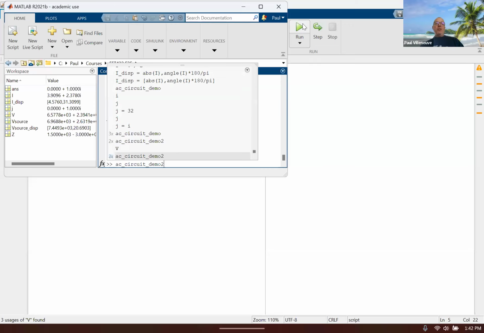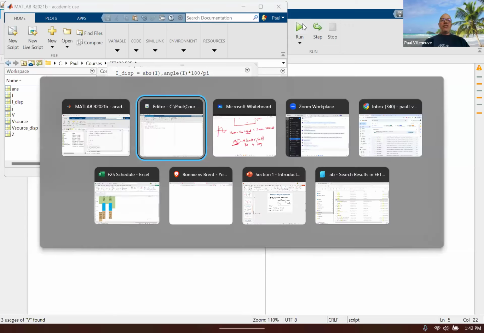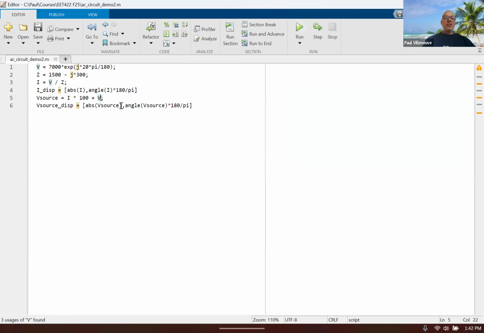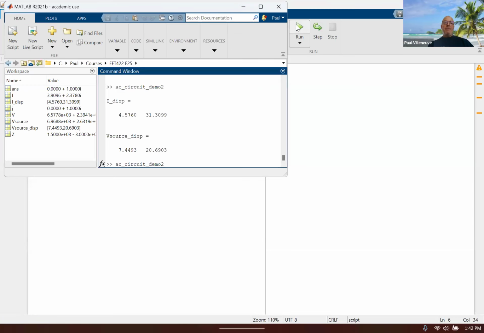So when you're dealing with big voltages, I suggest one of two ways. If it's a kV, just divide it by 1,000, or separate the magnitude and the angle calculations. So here I'm going to divide it by 1,000. I'm going to run it, and you can see that I get 7.45 kV at an angle of positive 20.69. Okay?